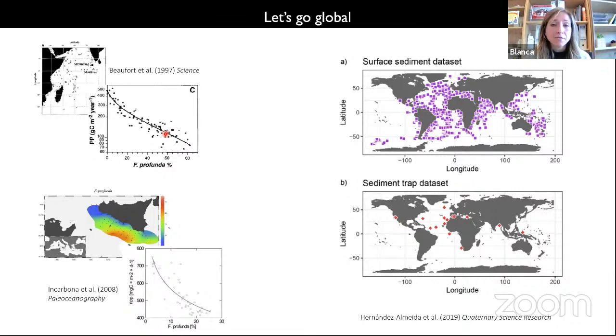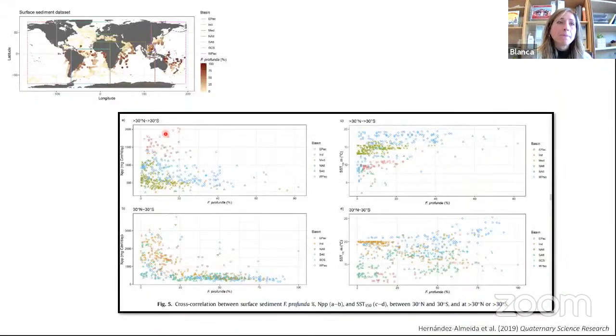We compiled data on Florisphaera profunda relative abundance from 1,300, I think, or 1,250 more or less surface sediment samples and 26 sediment cores located across a wide latitudinal range in all main oceanic basins.